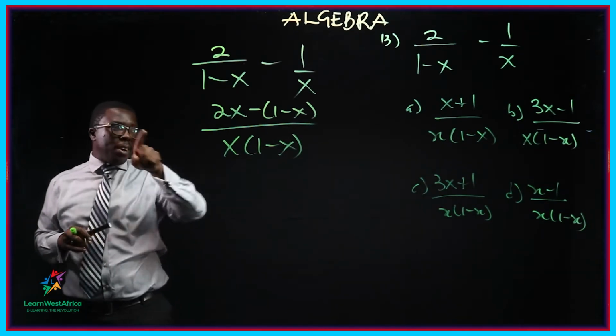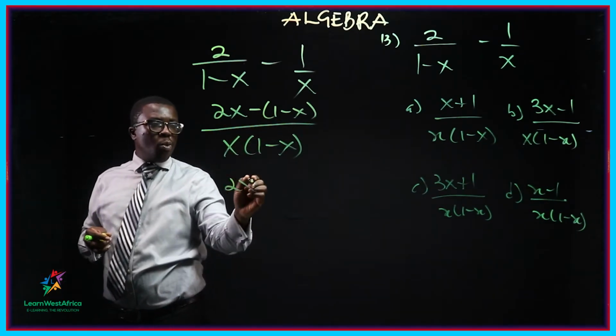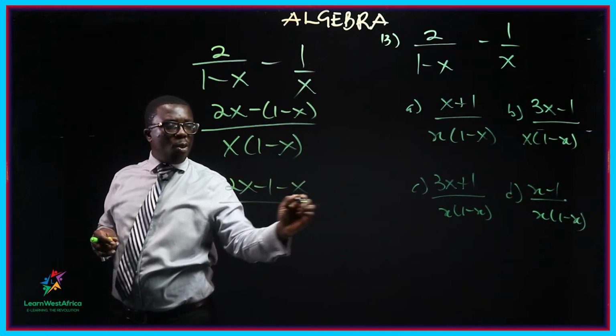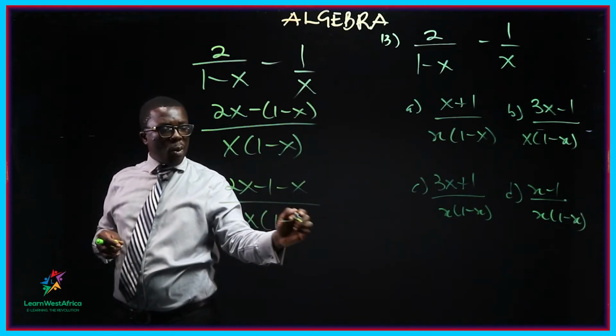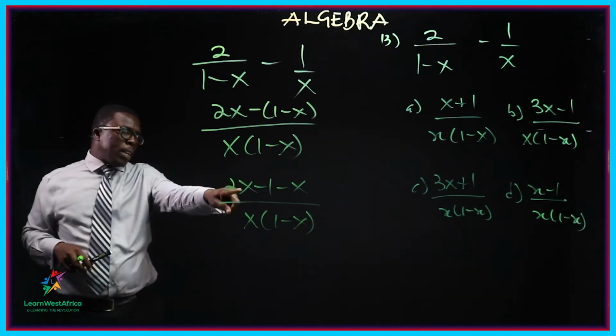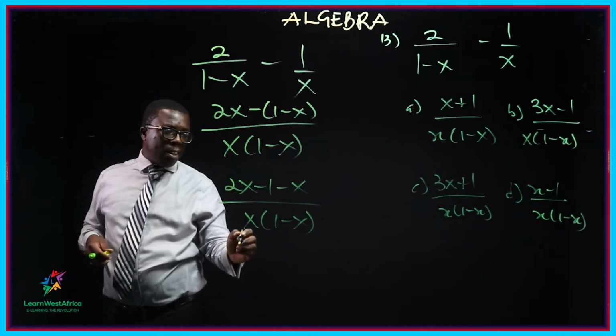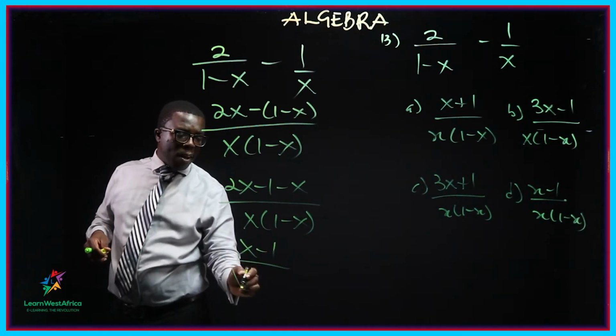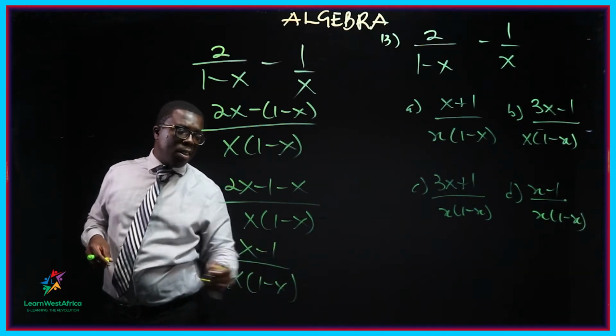Now you get 2x minus 1 minus x, all over x into bracket 1 minus x. It will simplify to 2x minus x, which is x, minus 1, all over x into bracket 1 minus x.